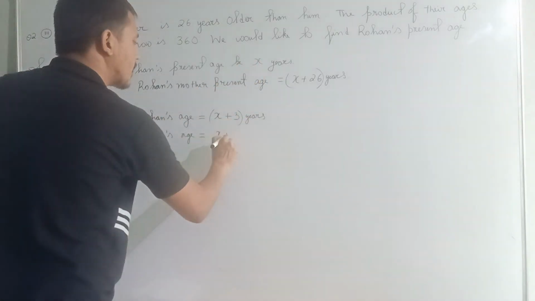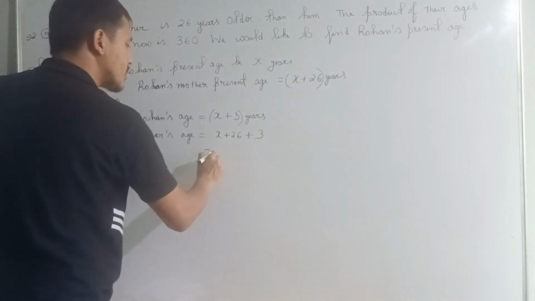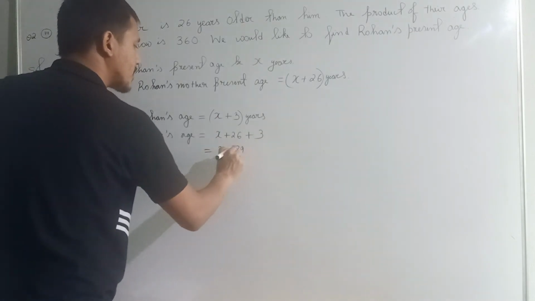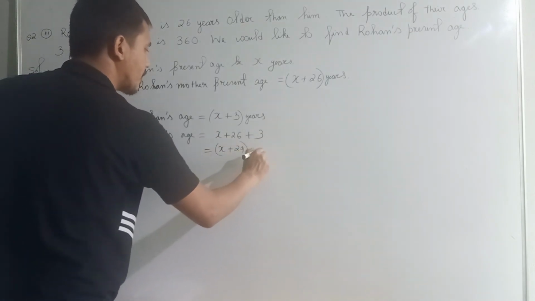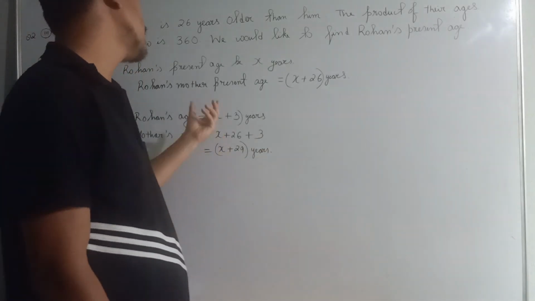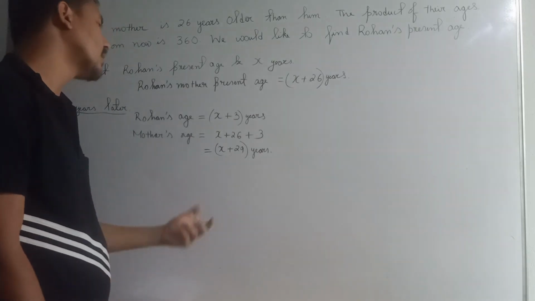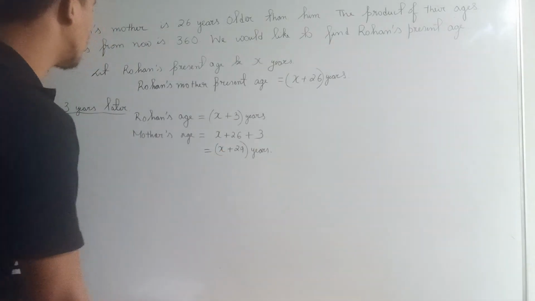So her current age plus 3 more years will be X plus 29 years. So after 3 years, Rohan will be X plus 3 years old, and his mother will be X plus 29 years old.